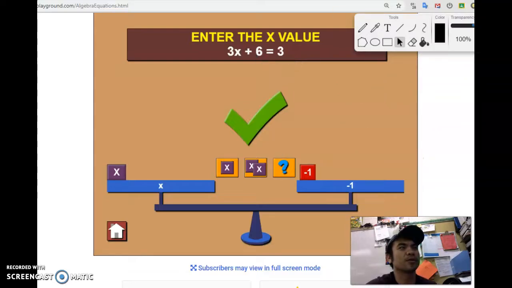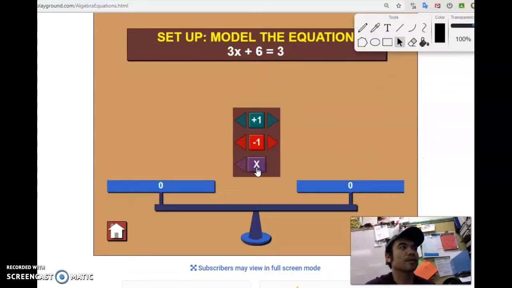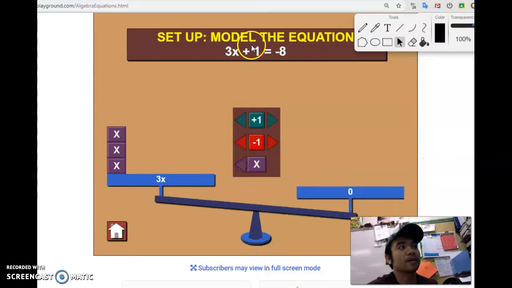I'm going to do 3 more questions with you guys. Oh, I think we did this already. So, alright, let's try this one. 3x plus 1 equals negative 8. So, 3x on the left, positive 1 on the left, and then negative 8 on the right.